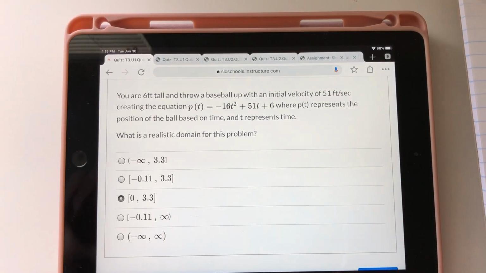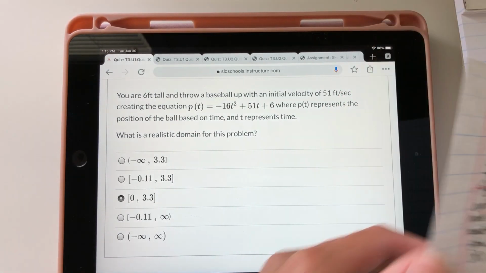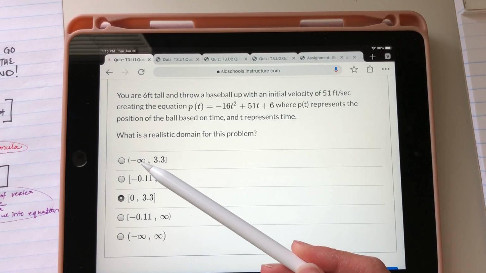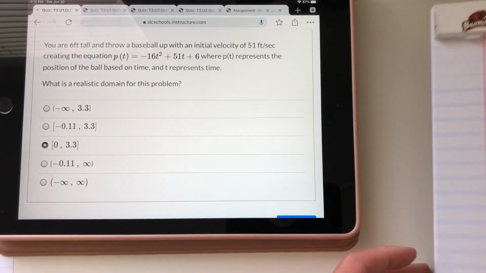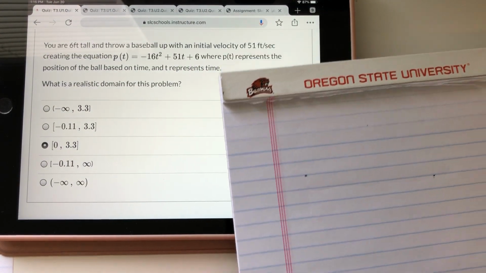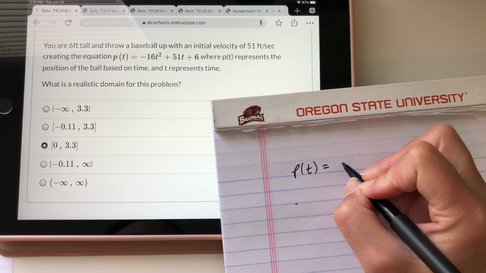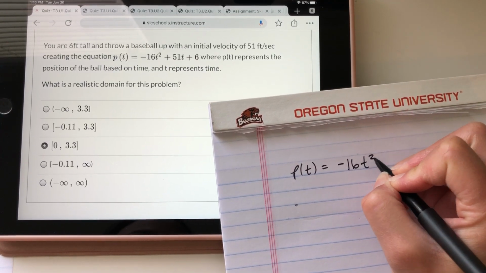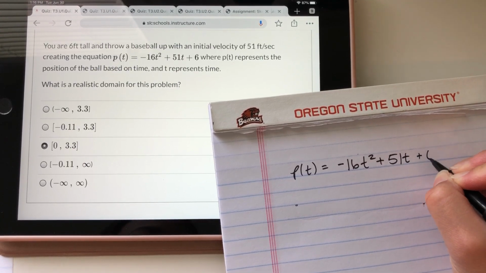Okay, so if that weren't the case, if we didn't know that 0 was the minimum value, or say for example there were a few of them with 0 as the minimum value, then let's solve it out. So I have my quadratic p of t equals negative 16t squared plus 51t plus 6.